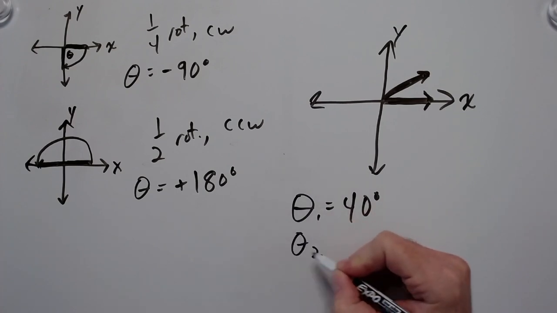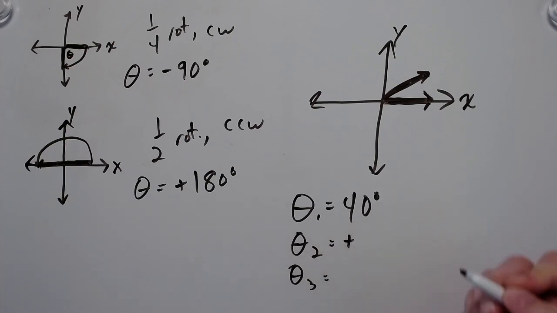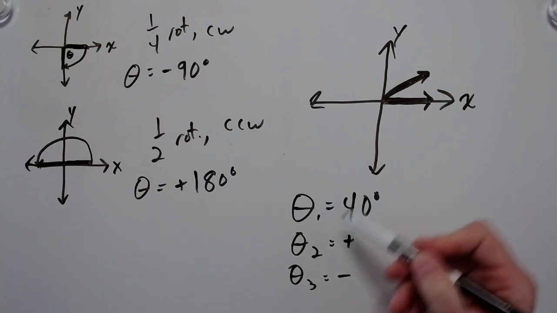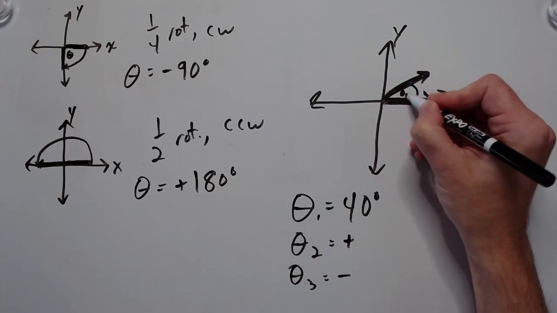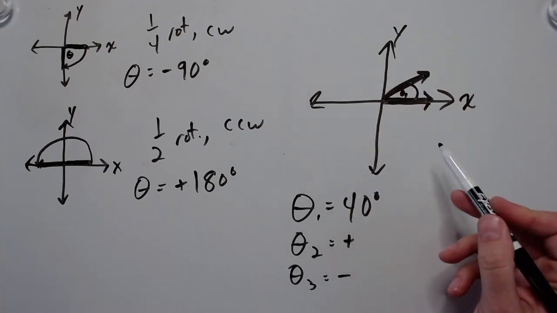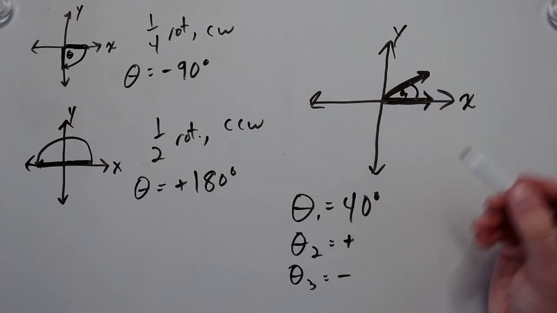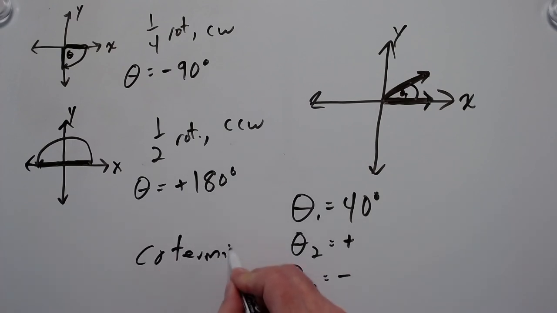Now what I want to do is we'll call this theta 1. I'm going to put theta 2, theta 3. And I want one of these to be a positive rotation, and one of these to be a negative rotation that are coterminal with the original theta, theta 1, which is here. So a positive would be this way. But we want to end up at the same place. We want to be coterminal.